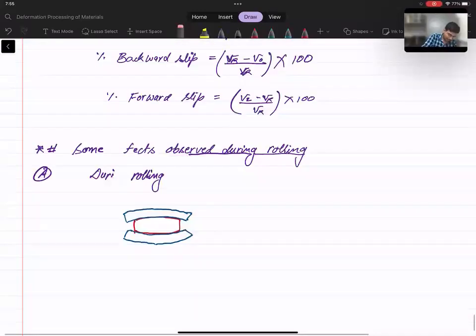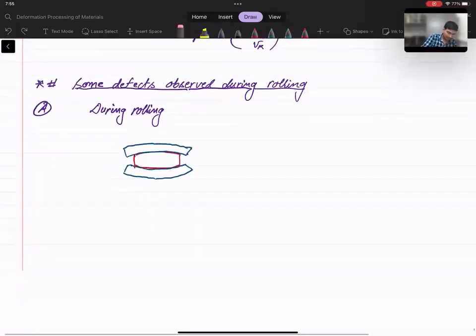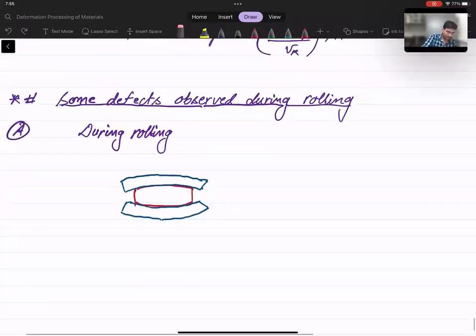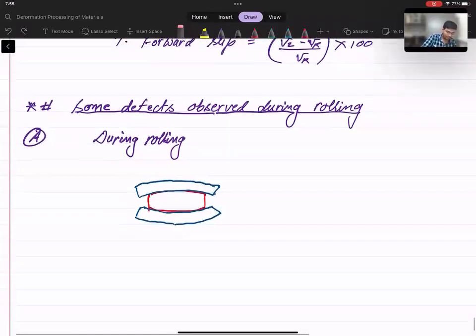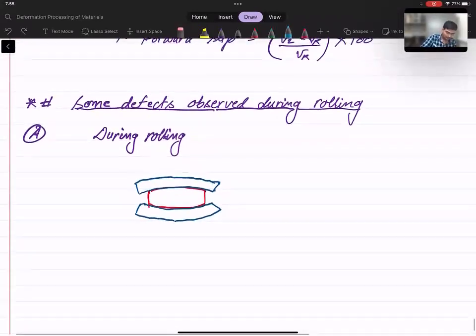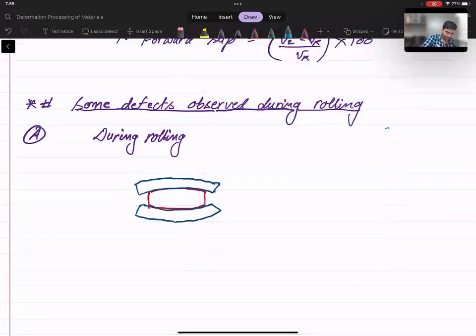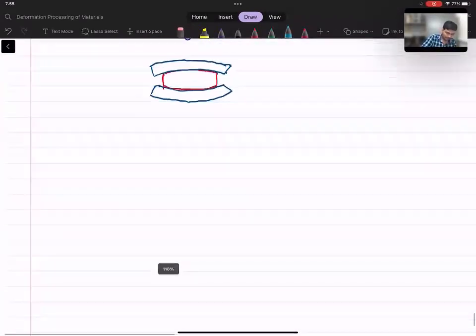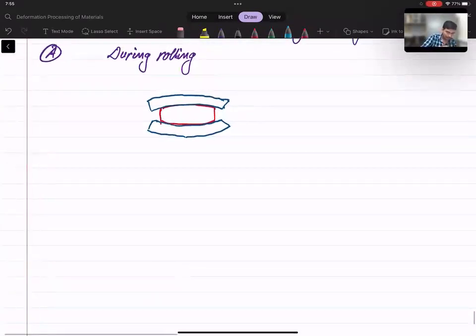It's a bit tricky to draw it here. So suppose these are the backup rolls.